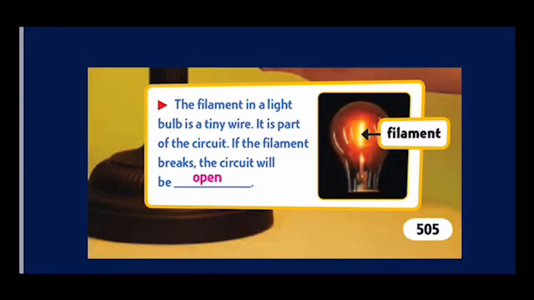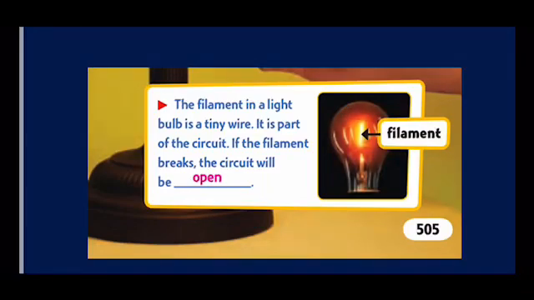So you don't get shocked or burned. It is a part of the circuit. If the filament breaks, the circuit will be open. Definitely, it will be open. So if it's open, charges cannot move all around and the circuit is not complete and your work will not be done.